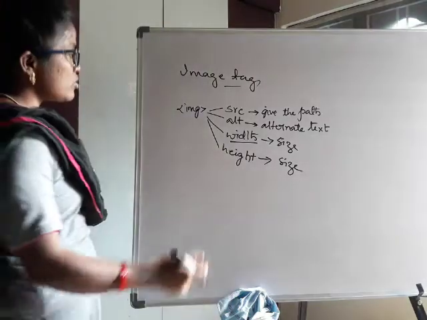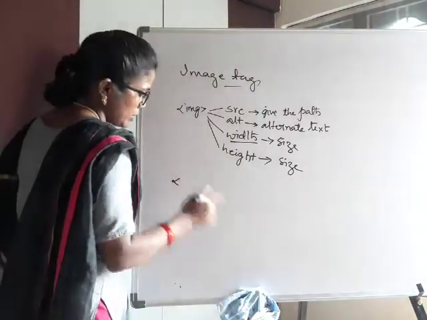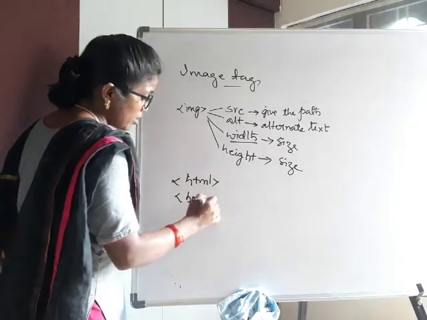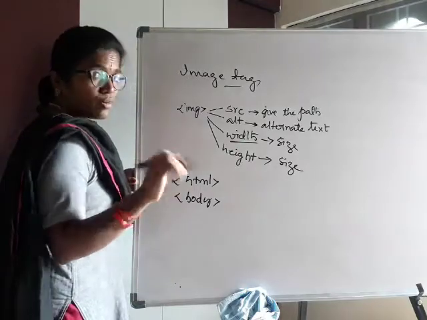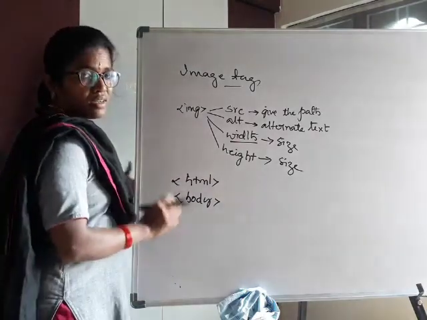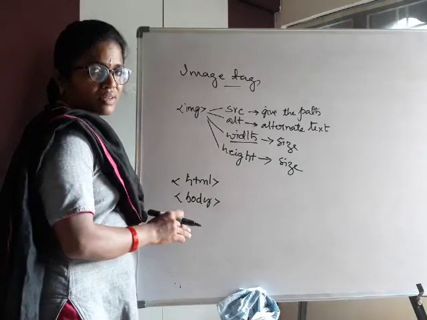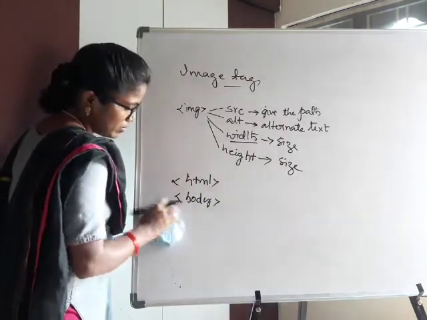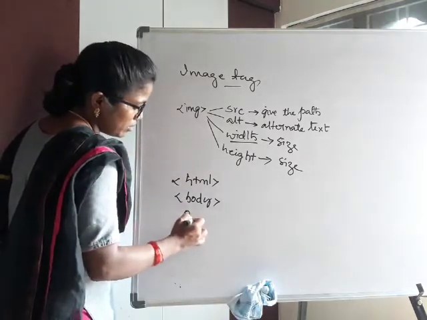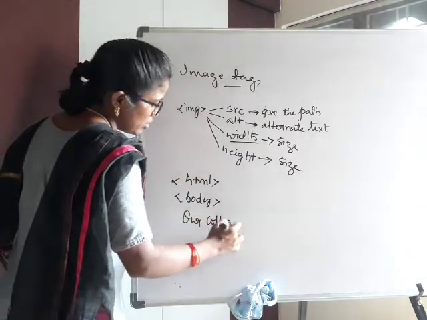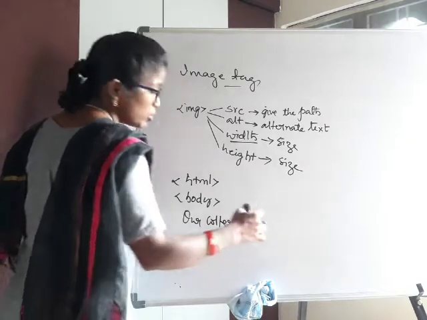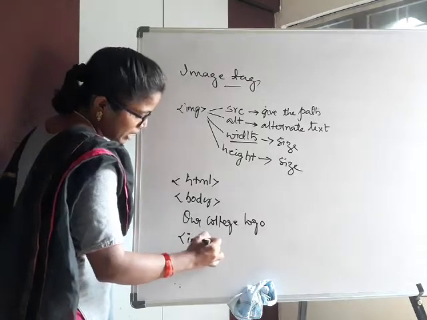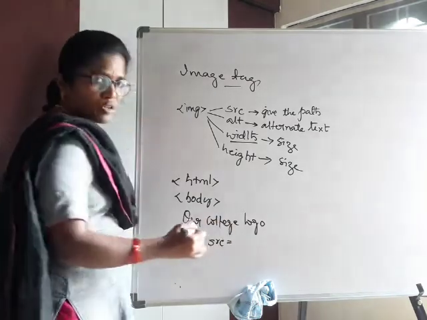Okay, so let's write the program. HTML. I am not writing the head and title here, which are common for all HTML programs, to save time. So body, and our college logo. If I want to display our college logo, I will write img src from where I want to take it.